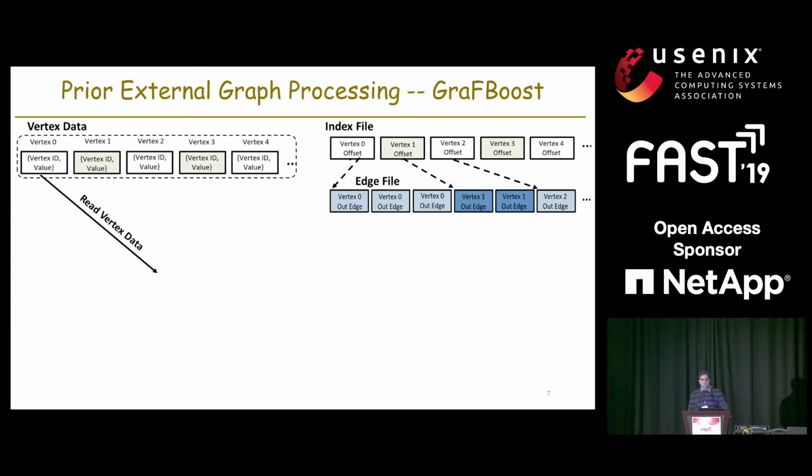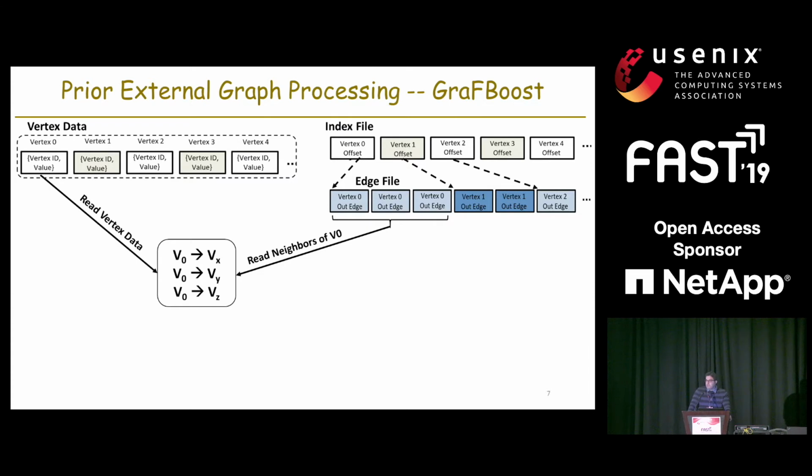So during the execution, vertex data is read from the vertex file, and then based on the index of its neighbors, we access its outgoing edges. In this example, we have vertex V0 being connected to 3 other vertices, Vx, Vy, and Vz.